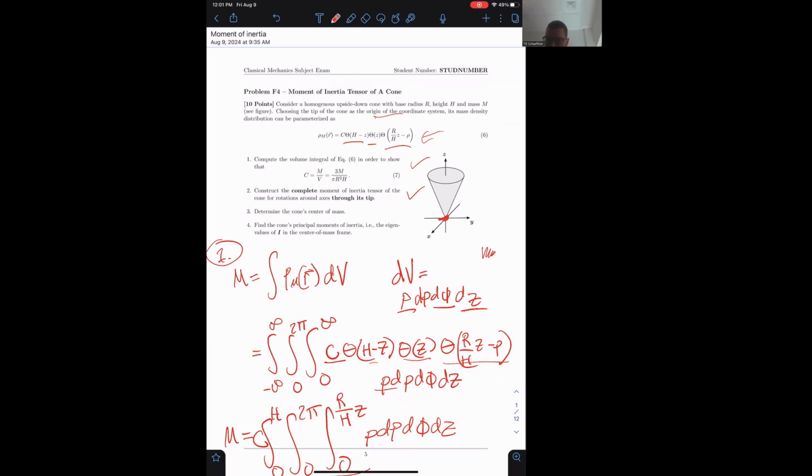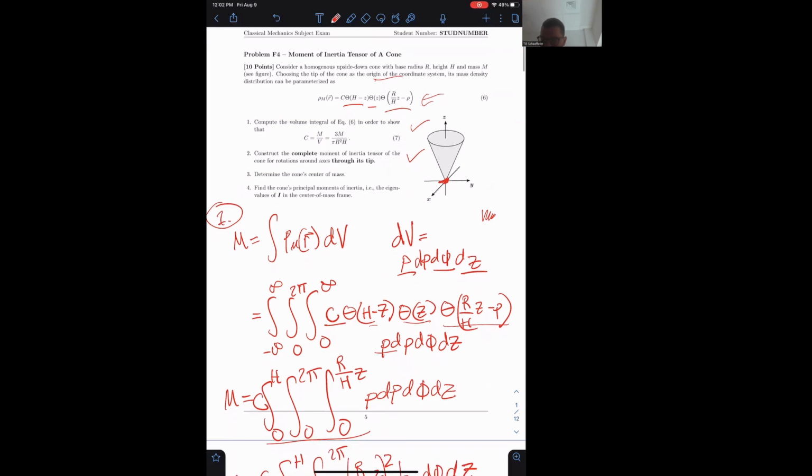And now the next two parts of the problem are related to finding the moment of inertia tensor through its center of mass. So we found everything while rotating around this. So the cone can spin around the z-axis, and it can spin around the y-axis.